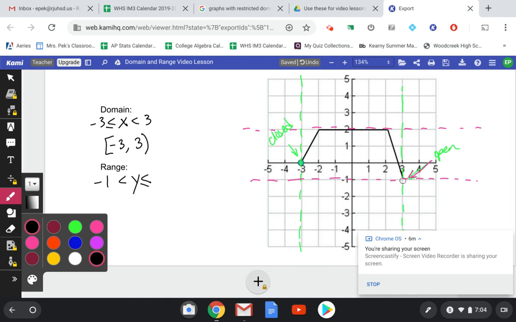And y goes all the way up to the highest point on the y-axis, which is 2, and that is included. Another way to write that would be negative 1 with a rounded bracket, comma 2 with a square bracket to include that value. And that's it for domain and range.